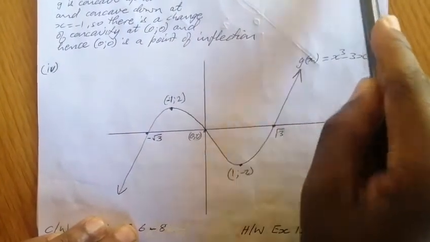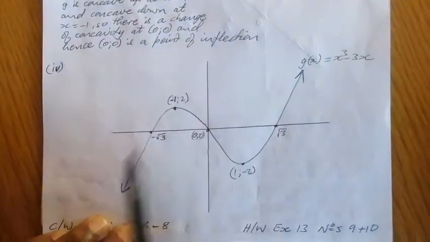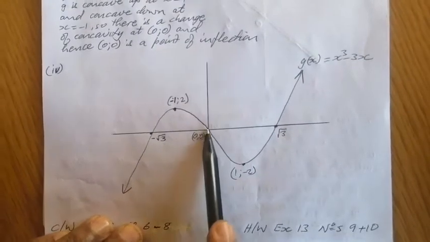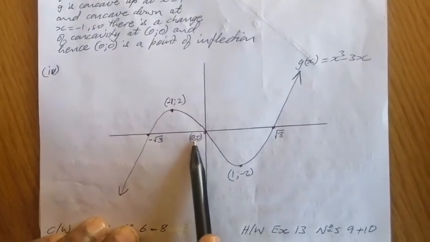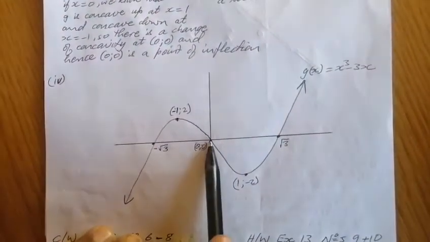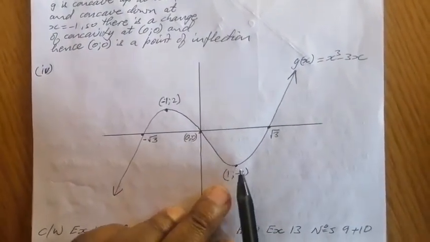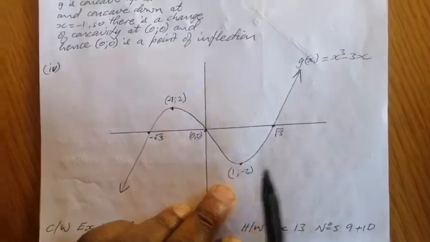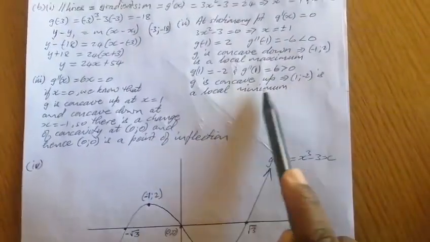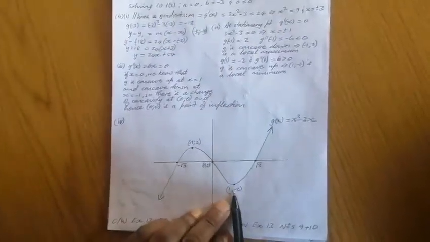We can see it here. So this is one of the turning points. And this graph has got a point of inflection at 0, 0, which we identified here. And here, what do we have? We have a minimum turning point, which we also talked about here. At 1, minus 2, we have a minimum turning point, which is that.